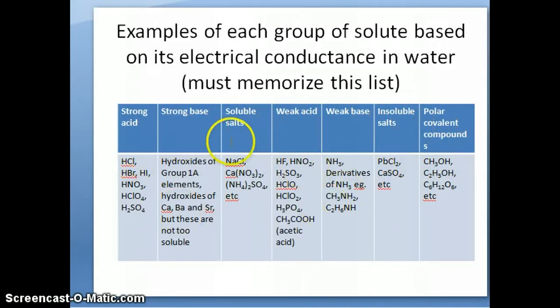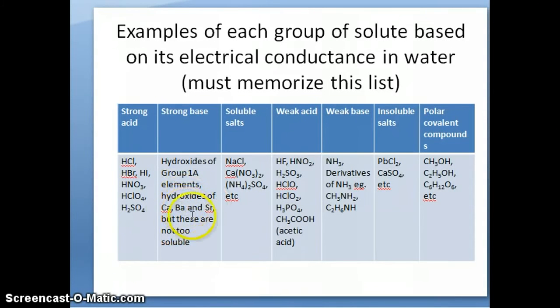This is a table that shows you some examples of these. Things that belong in the strong acid column are all of these species. We'll talk more about them when we get to the acid-base part of this chapter. Strong bases are all of these: the hydroxides of group 1A elements, meaning sodium hydroxide, potassium hydroxide, lithium hydroxide, and so on, and the hydroxides of calcium, barium, and strontium.